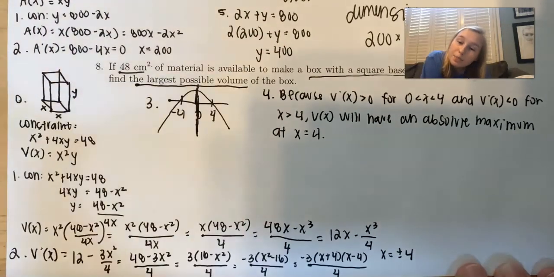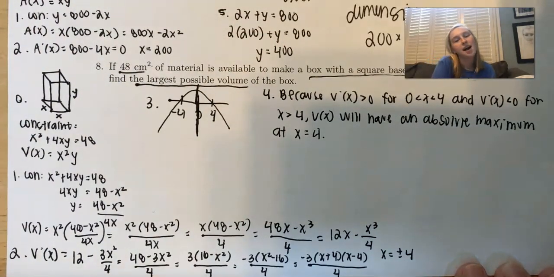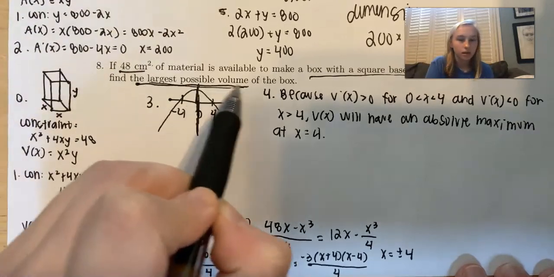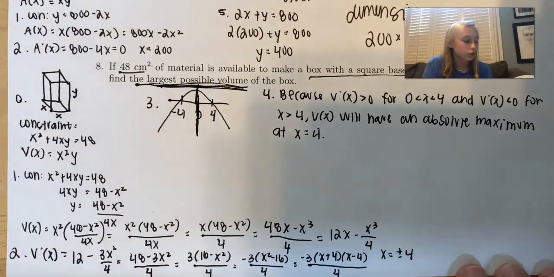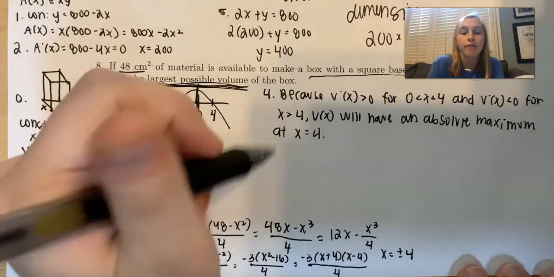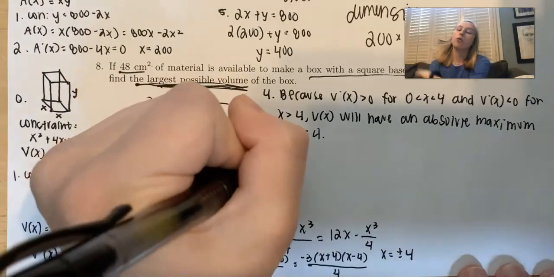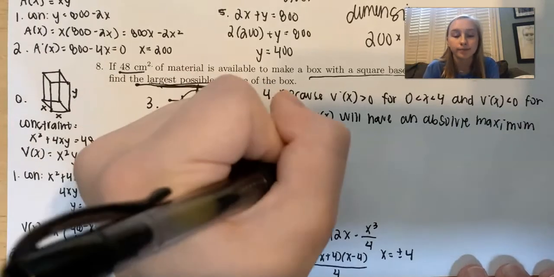And then, last step of the last problem, we actually have to answer the question. We have to find the largest possible volume. In order to do that, we have to solve for y first. So let's plug in 4 into the constraint and solve for y.